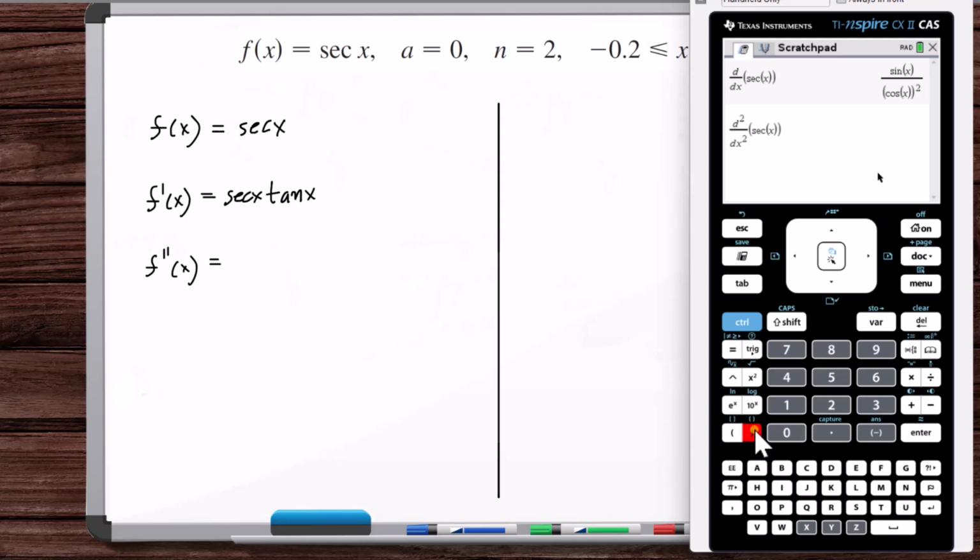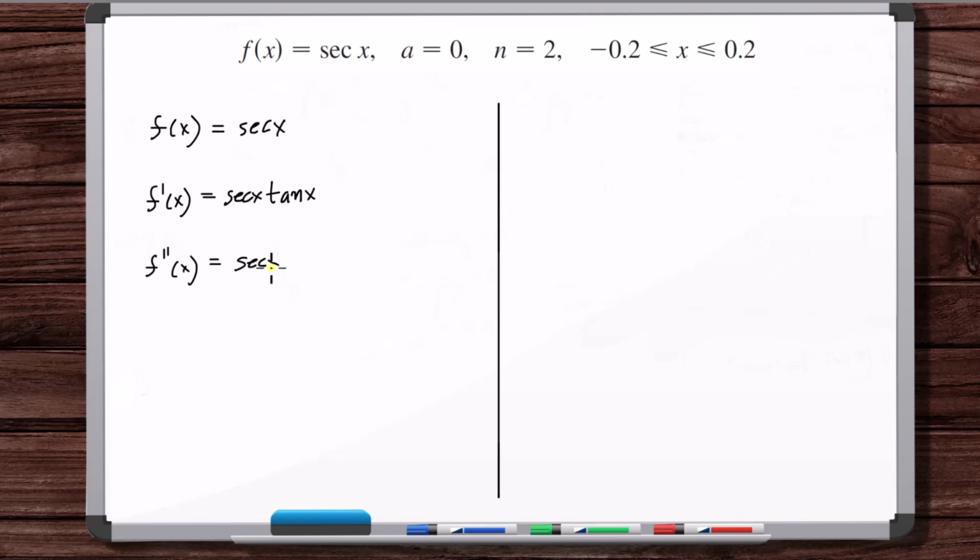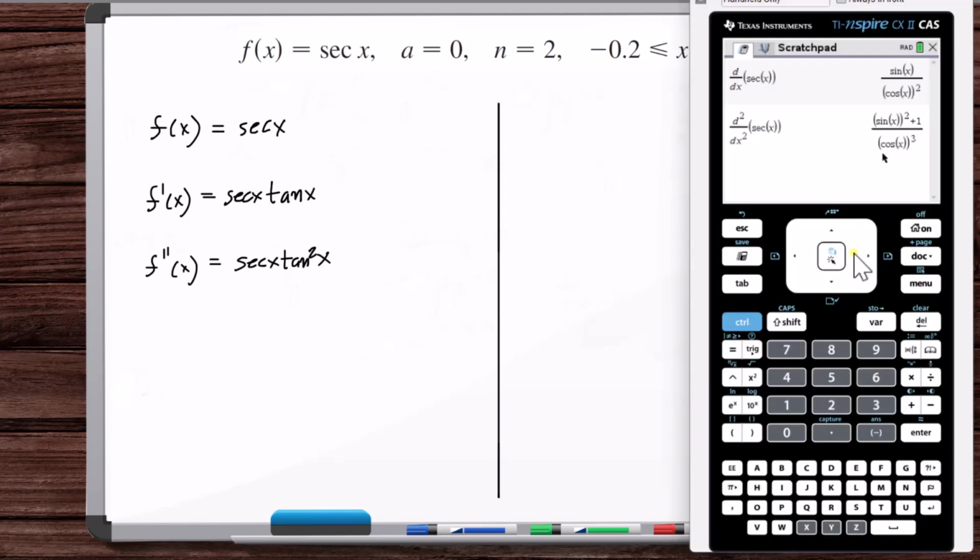Secant. Okay, so that we can see is, so sine squared x over cosine cubed x is going to be tangent squared x times secant squared x. And then plus secant cubed x.